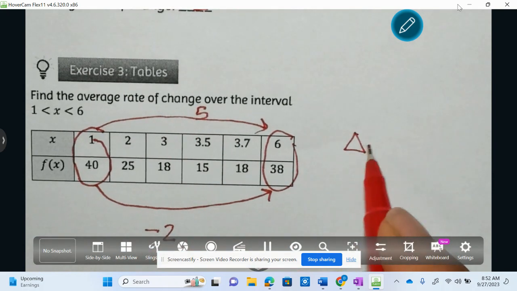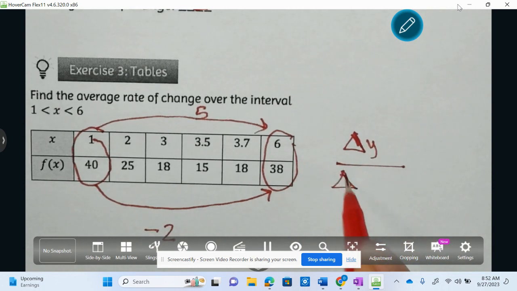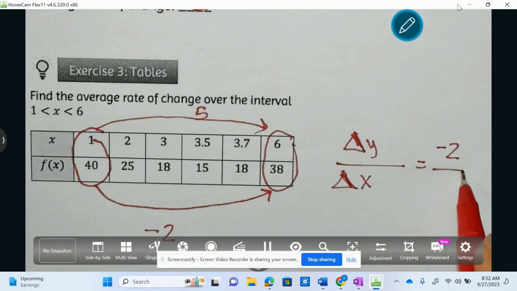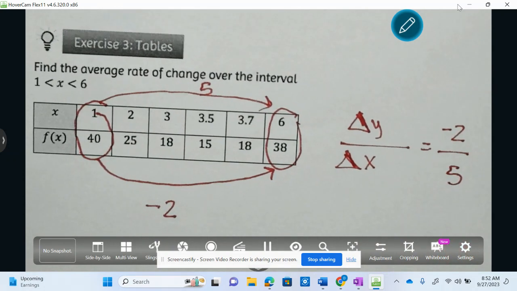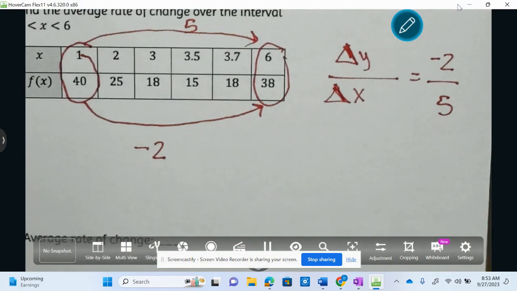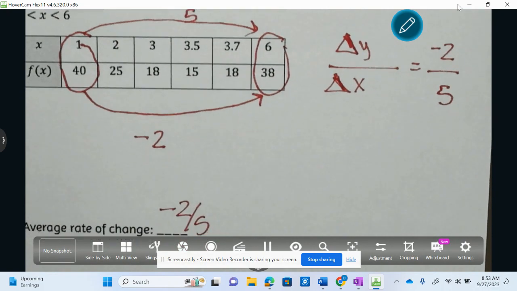So my change in y over my change in x equals -2 over 5. That's my average rate of change, -2 over 5. So I wrote that down here in my blank.